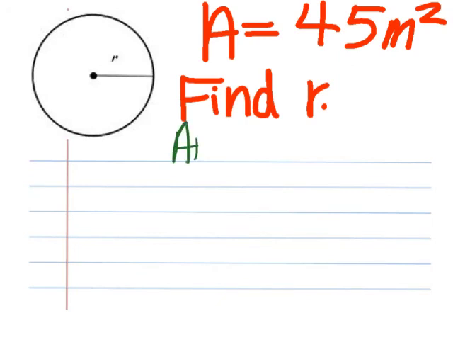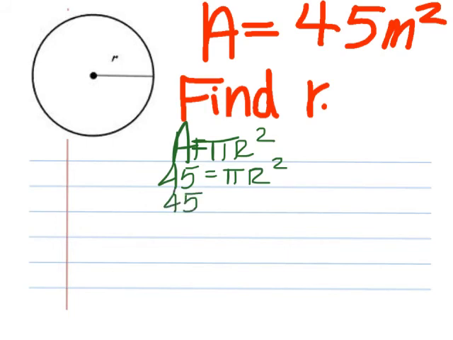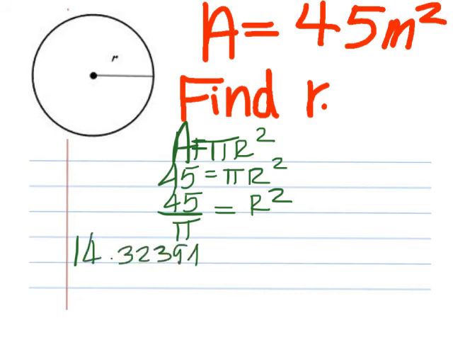Solution for practice 3. Start with the formula A equals pi r squared, and the area is 45. We don't know anything else. So divide the 45 by pi and be left with r squared on the right side. 45 divided by pi is 14.3239448, and that's equal to r squared.